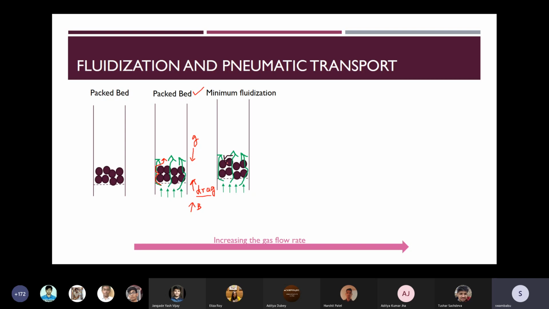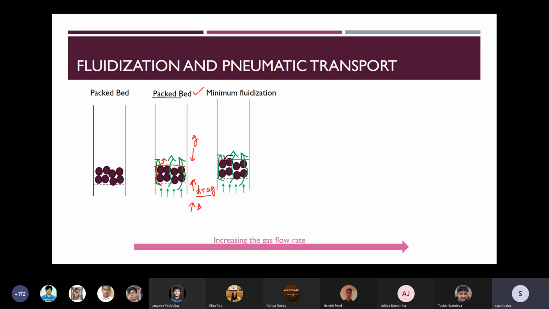So the void fraction and the bed height will be the same as the packed bed, because fluidization means the particles are about to move in the upward direction. That state is called minimum fluidization. The bed height at minimum fluidization and the packed bed will be the same.